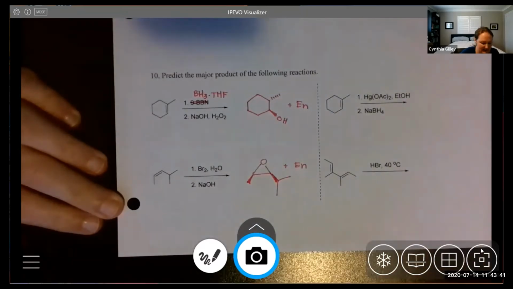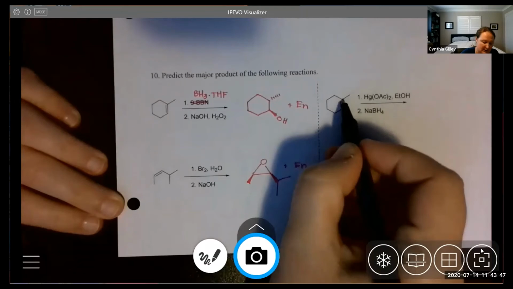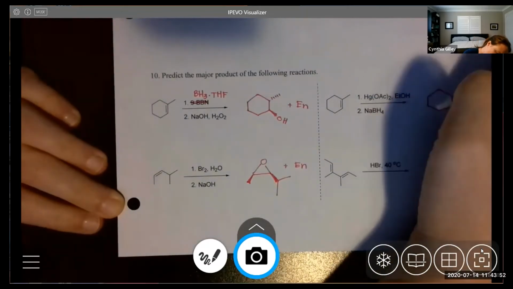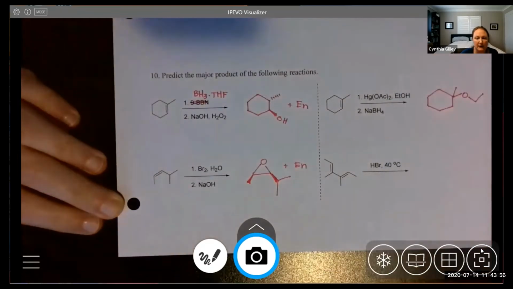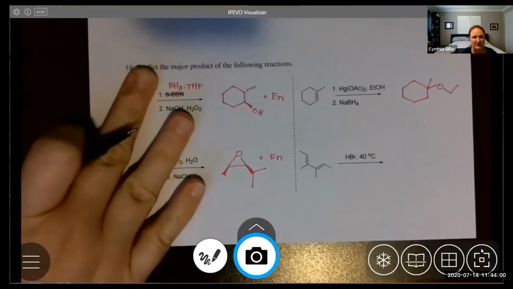So here, this is an alkoxymercuration-demercuration. Remember that the alcohol will end up on the more substituted carbon. We'll end up putting that here. Ethyl group. No stereocenter formed there, so we don't need to worry about stereochemistry.